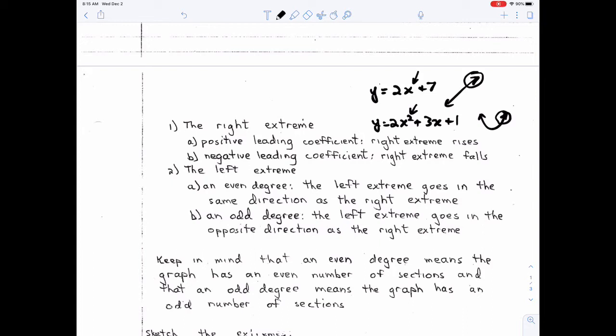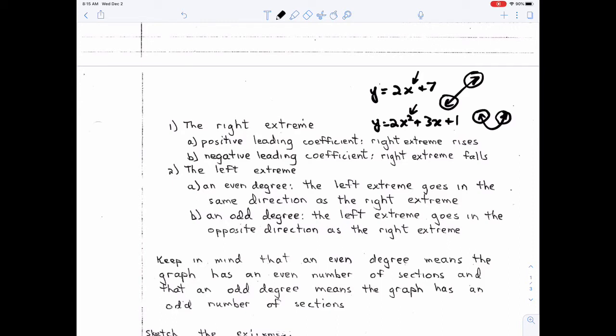So since the second equation here is an even degree, that one's going to go in the same direction as the right. If it's an odd degree, like in the line, the left's going to go in the opposite direction. Again, you don't want to use this for lines. I'm just trying to show you something you already know, so you can kind of see why this works.